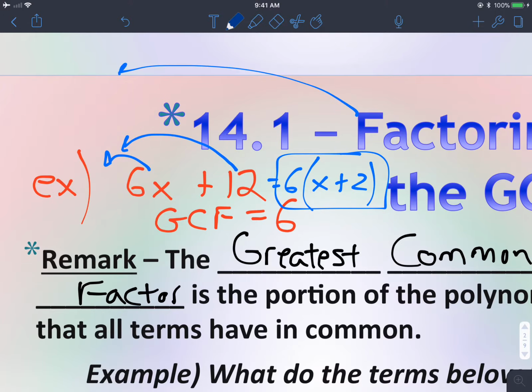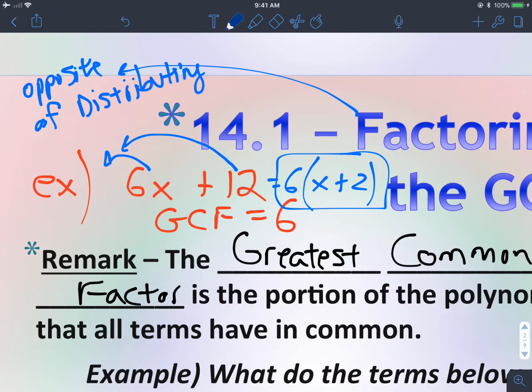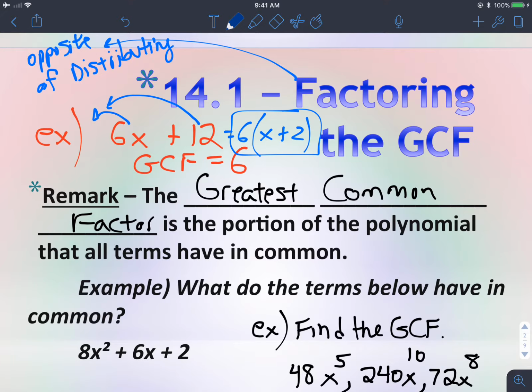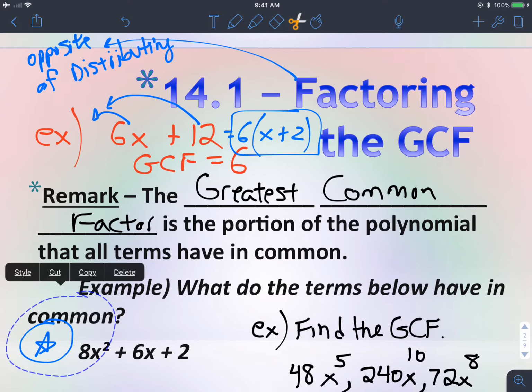So factoring is the opposite of distributing. If you look at the bottom left, there's an 8x squared plus 6x plus 2.